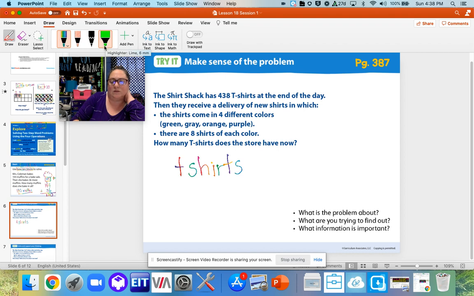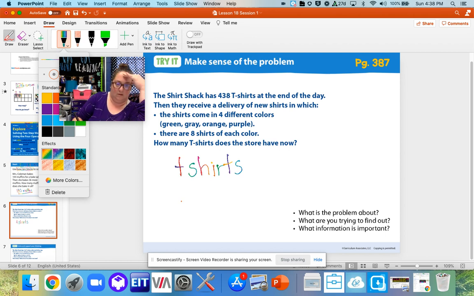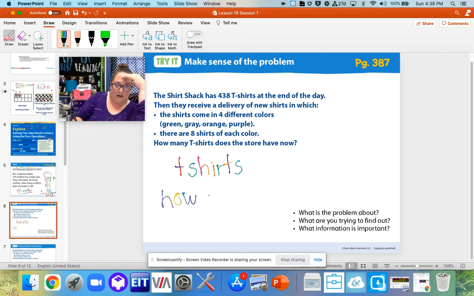Then they receive a delivery of new shirts in which the shirts come in 4 different colors: green, gray, orange, purple. There are 8 shirts of each color. How many t-shirts does the store have now? Okay, so we're trying to find out how many t-shirts. That's right. After the delivery and after the end of the day. So how many t-shirts do we have?